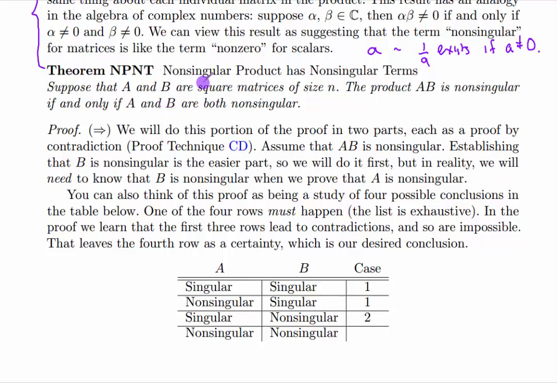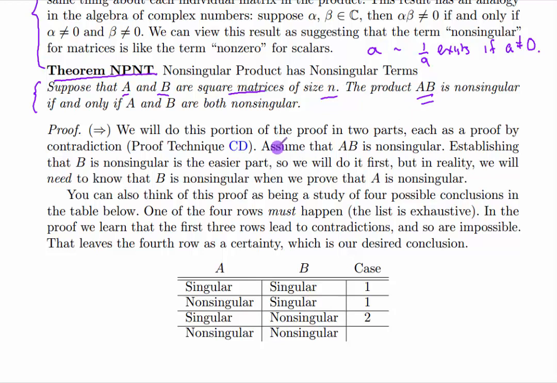Now here we get to the first step in the theorem. We're going to get to this final result by means of several theorems. So let's read this and get some idea of the proof. Suppose that A and B are square matrices of size n. Okay, n by n matrices. They're both the same size.